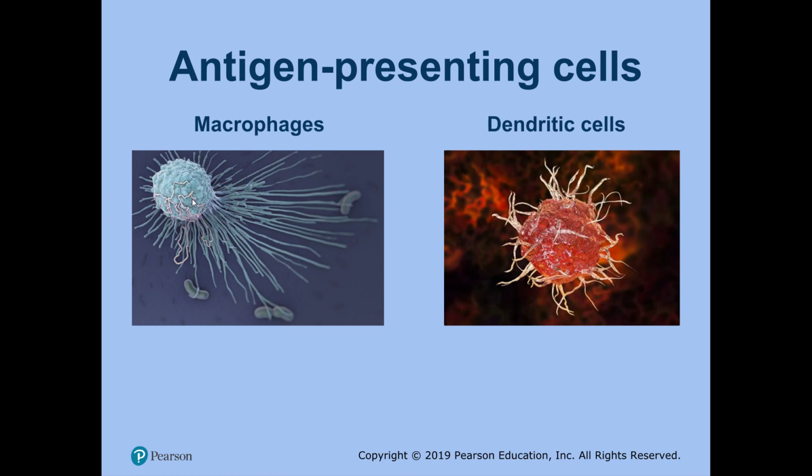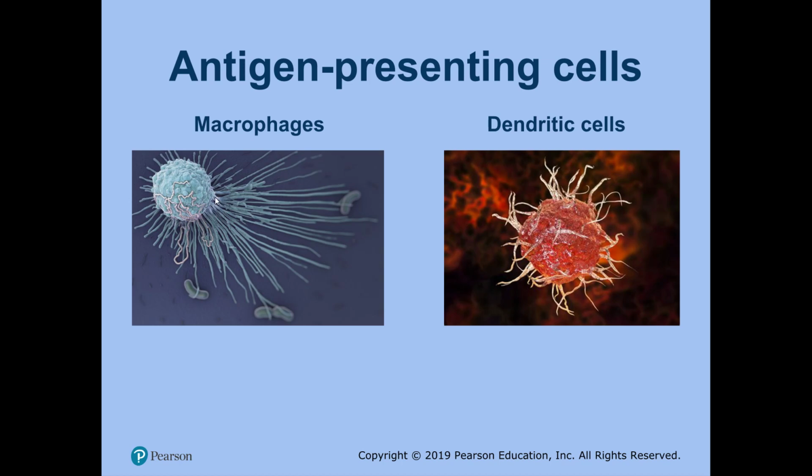Once they gobble them up, these cells go into our lymph. Remember in the last video we talked about the lymphatic system? They go into the lymph because we have a ton of white blood cells in our lymph, and the macrophages hand over the antigens and are like, hey, look what I got.